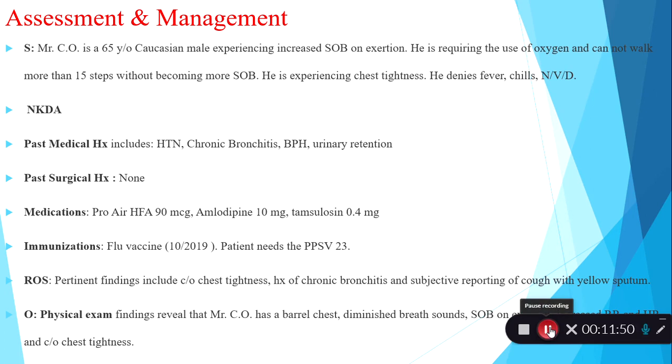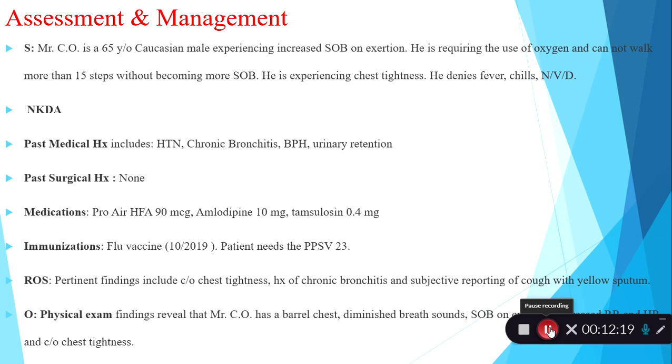Mr. CO's social history includes he is a widow and he lives alone in a single-story home in a rural community. He is retired military and his health insurance is TRICARE for Life and Medicare Part B. His diet mainly consists of rice, vegetables, fish, chicken, some fried foods, and fruit.